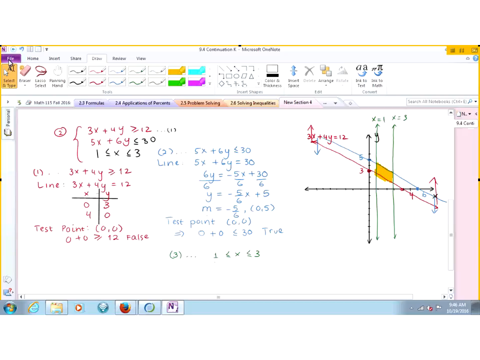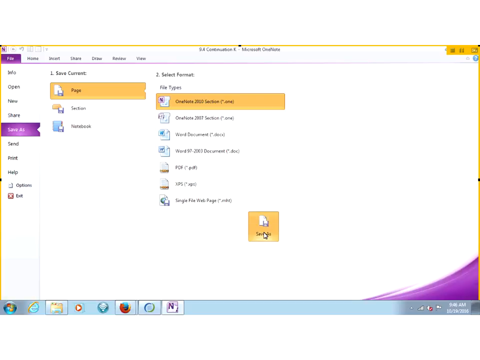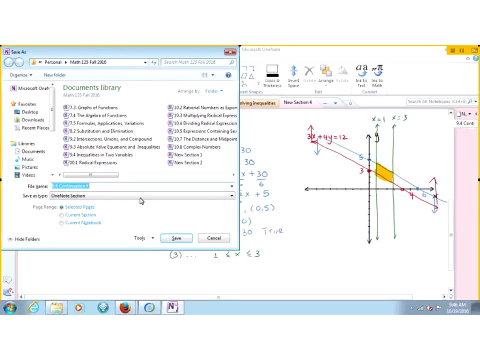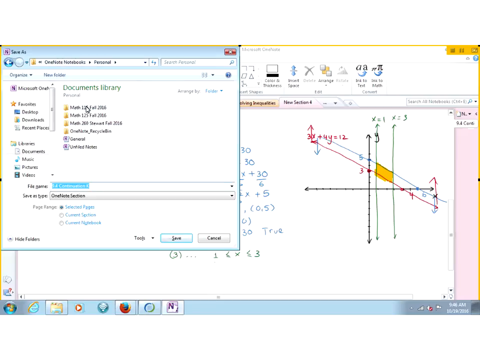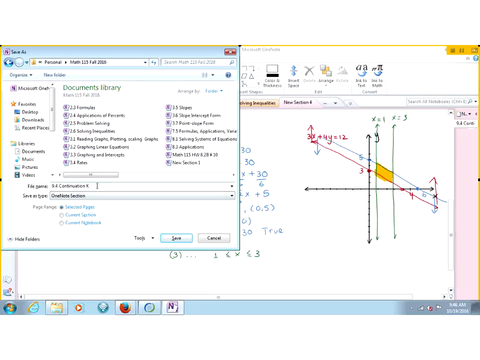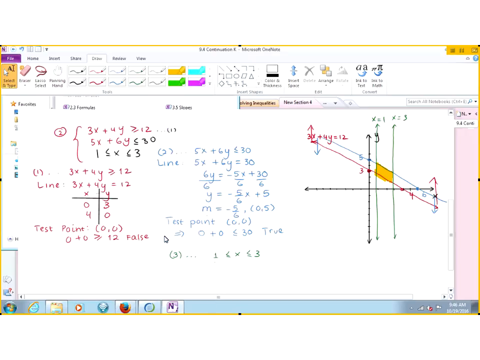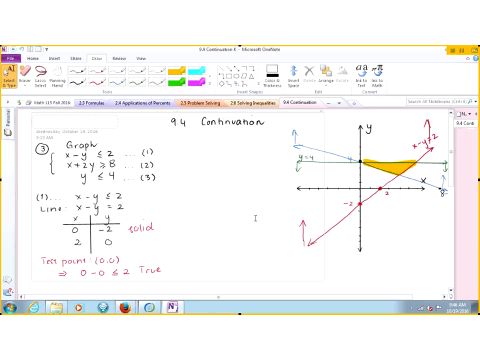All right. So now, let me save this file. Save as. So this is continuation for Math 115. All right, so let's continue.